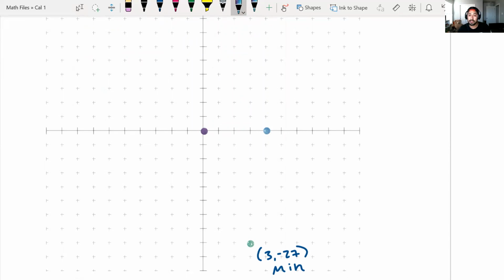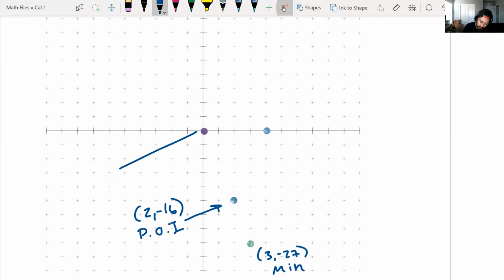Well, if I put 3, negative 27 down there, then 2, negative 16 is going to be somewhere around here. And I'll label it for you as well. 2, negative 16, that's my point of inflection.